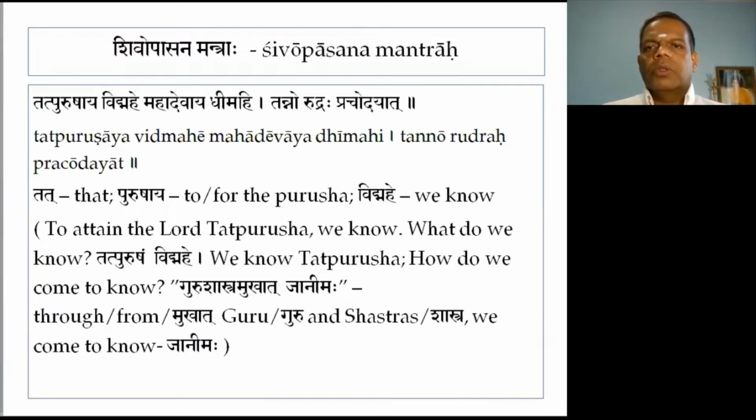So I will go through the mantra, which is in the Shivopasana Mantra group of mantras, which is part of the Mahanarayana Upanishad, which I think I have already covered, which is part of the Taittiriya Aranyaka of the Yajurveda.